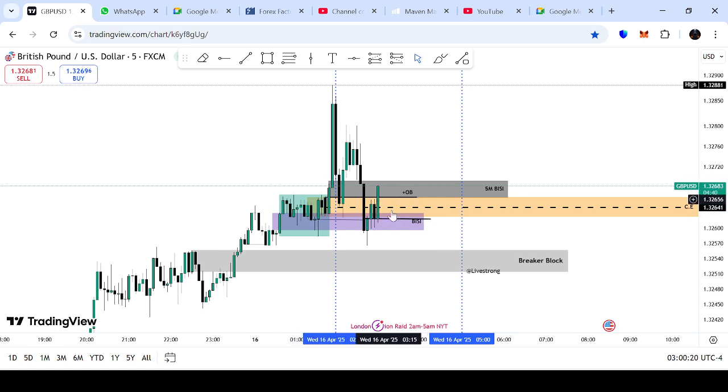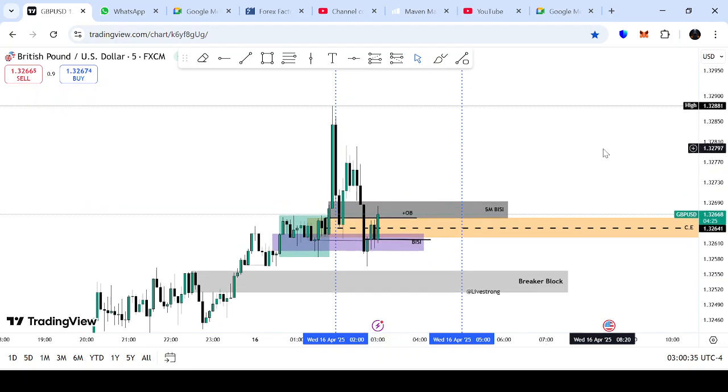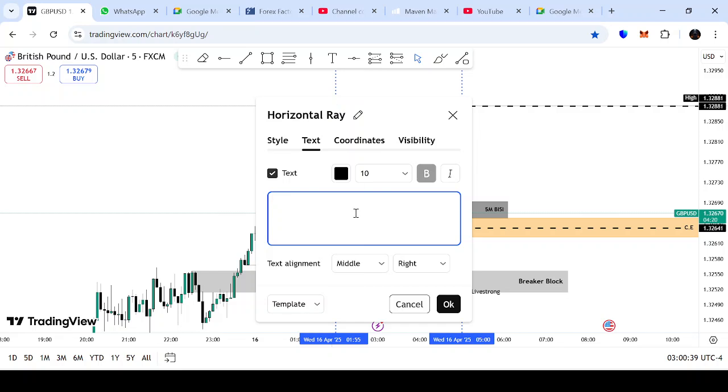Expect a reversal after price swept the low of a consolidation after a distribution phase, that expansion. So you expect a reversal. So, buy side liquidity there.